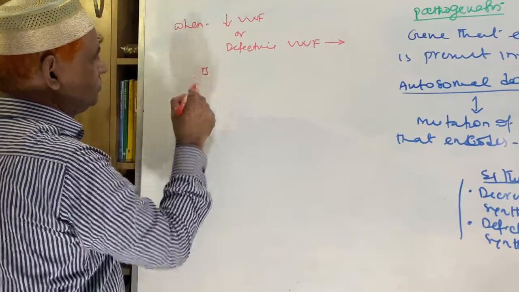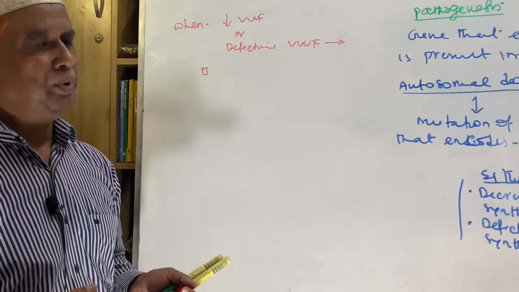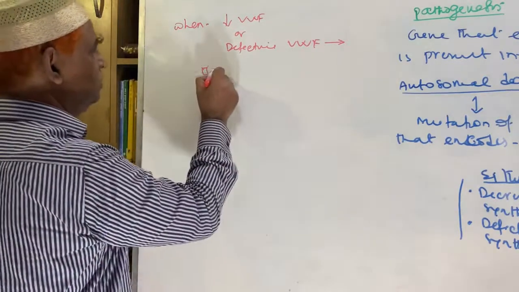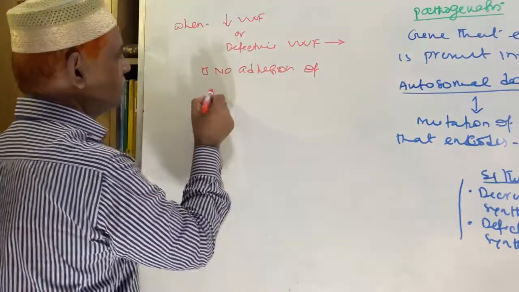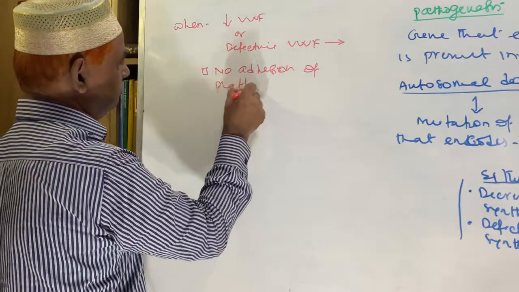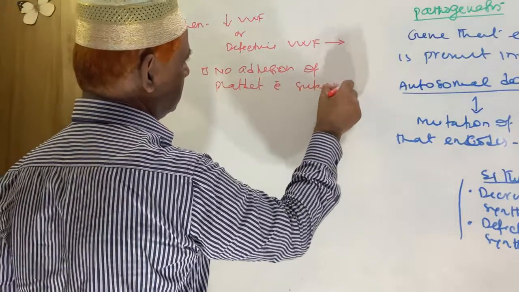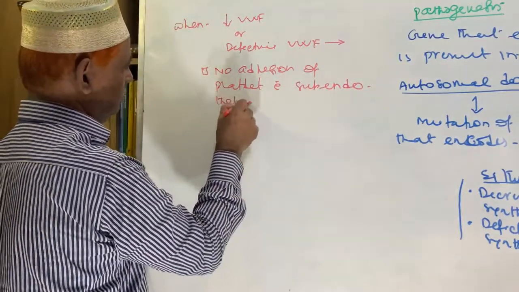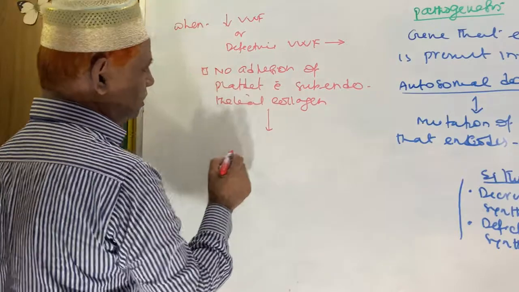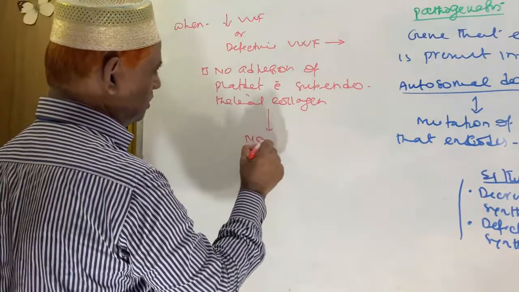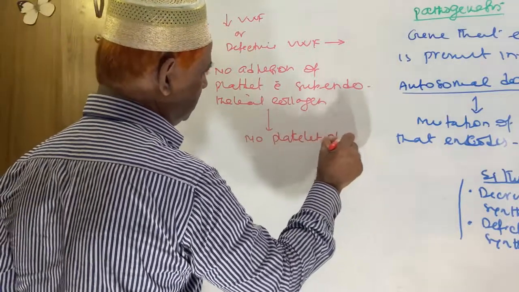Number 1, no adhesion of platelet to subendothelial collagen fiber. No addition of platelet with subendothelial collagen, and as no addition, no platelet plaque formation.